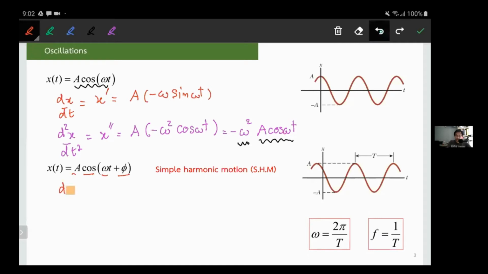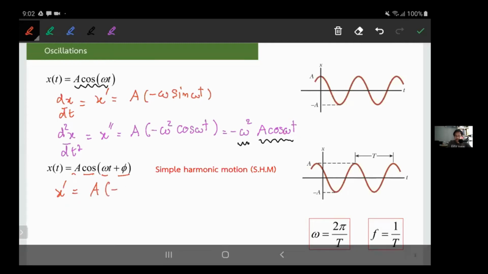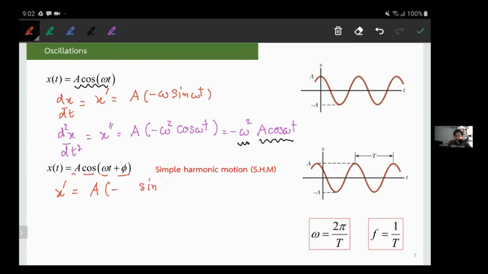So I'll do x prime, derivative of this. A is constant. Derivative of cosine is negative sine, of course, omega t plus phi. But when you do the chain rule inside, that means when you take the derivative of omega t plus phi, you only get omega out anyway. The phi is just a constant, so it disappears.